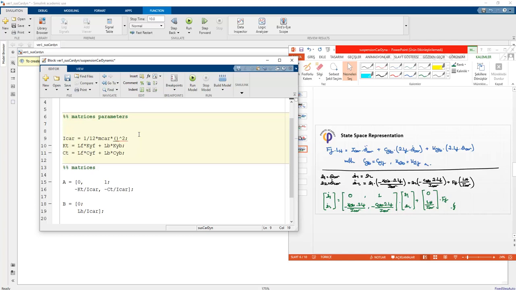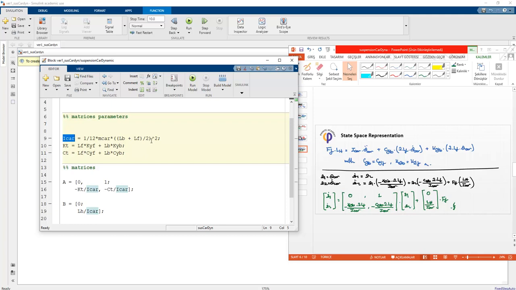Square these things, and so the Lb times Lf divided by 2. This is the general inertia calculation of this car model, and so this is a rough calculation, a simplified modification, but m car times Lb plus Lf, the center of gravity, is provided in here, and so you can calculate the I car model in this notation.